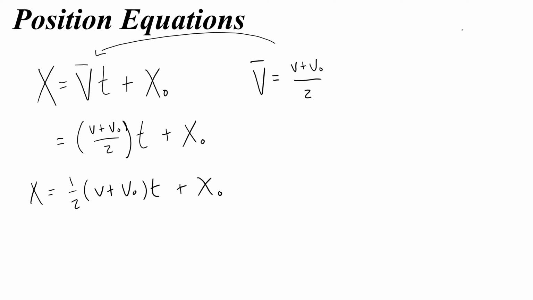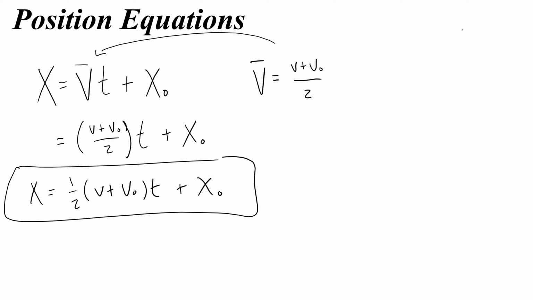Okay, so this is an acceptable equation to find the position of an object if something is accelerating, meaning it has an initial and a final velocity that are different. Remember that delta x, or any delta, is just the final minus the initial.